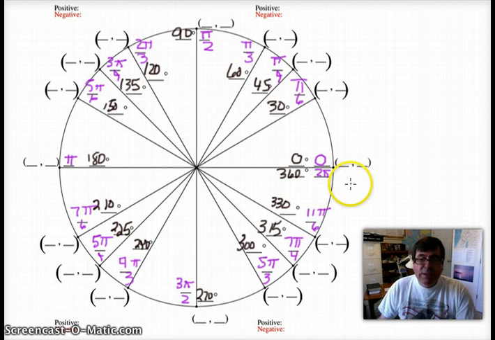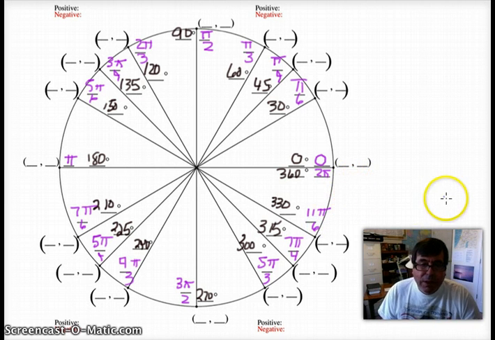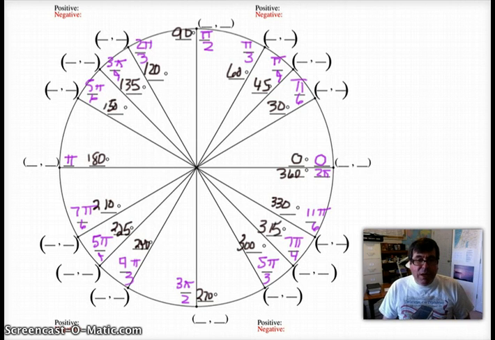All right, and then you got 12 pi over 6, which is 2 pi. All right, so this takes care of the angles in degrees and in radians.